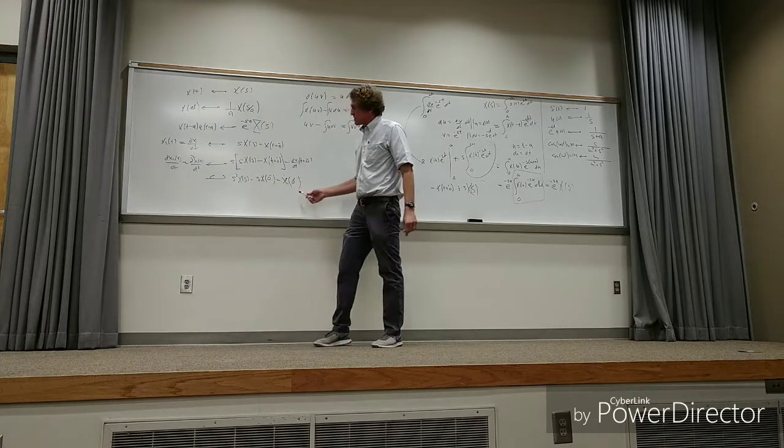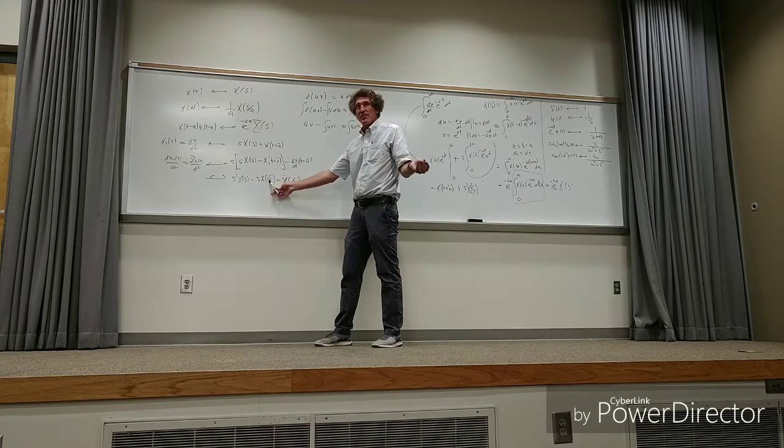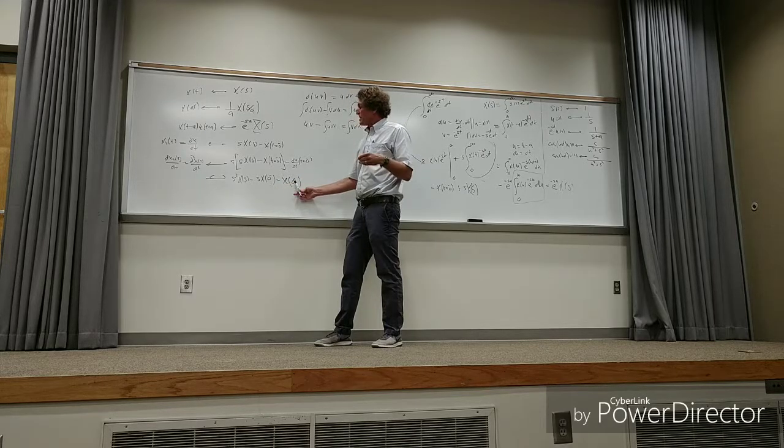So now you've got three terms. You've got s squared x of s, then you have s times the value of the time domain function x of t evaluated at t equals 0, then you have the first derivative of x with respect to t evaluated at 0. Understand? We're going to use all these properties. Understand, class? Are you all with me on this?